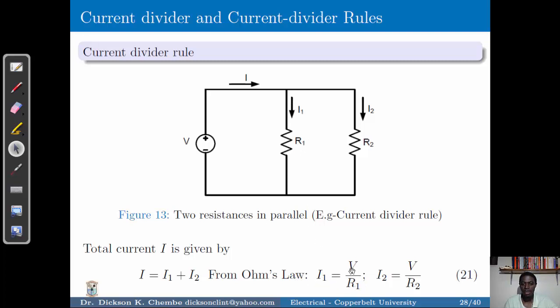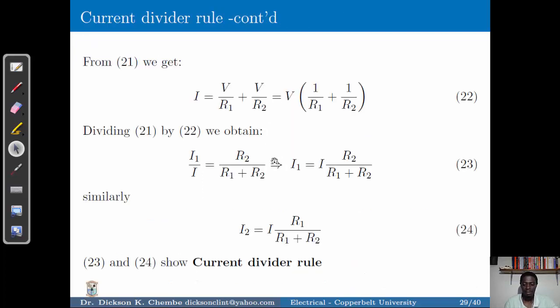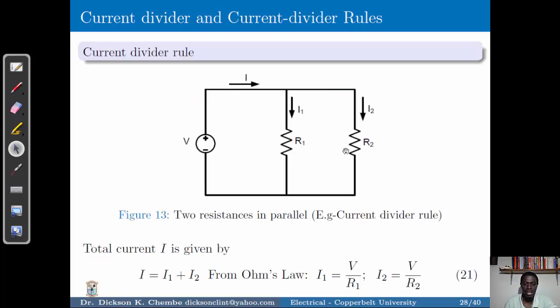And remember that the voltage across circuits that are in parallel is the same. So the voltage V here is the voltage across resistor 1 and the voltage across resistor 2.